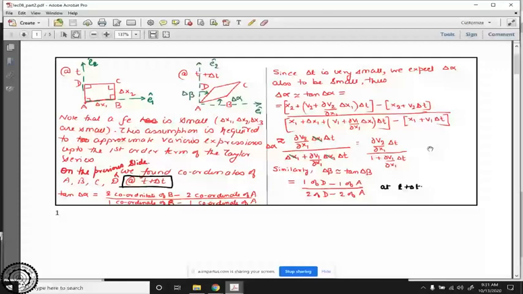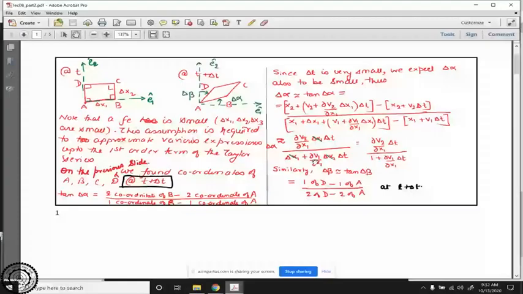And as I said, very soon we will take the limit delta t going to 0, and we will see what happens to this expression. In fact, I will divide by delta t on the left hand side first because I want to find the rate of change of alpha. We will see that. Let's not jump steps here. So delta alpha is this.